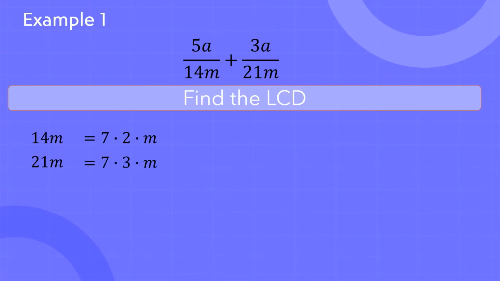And factors ng 21m ay 7 times 3 times m. Okay, so isulat lang natin 7, isa lang kasi they are common factor, times 2 times 3, and isang m din ang ilalagay natin. Okay? So, multiply 7 times 2 times 3 times m is now equal to 42m. And 42m is now the LCD.